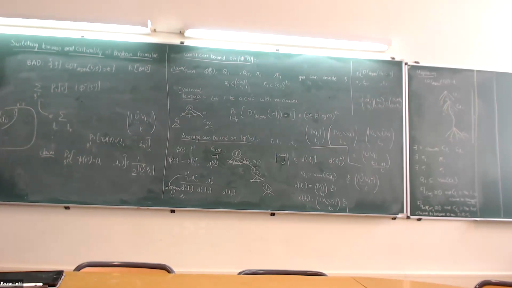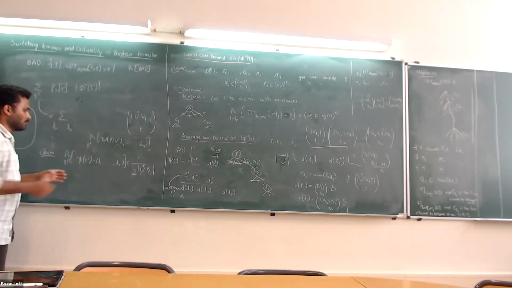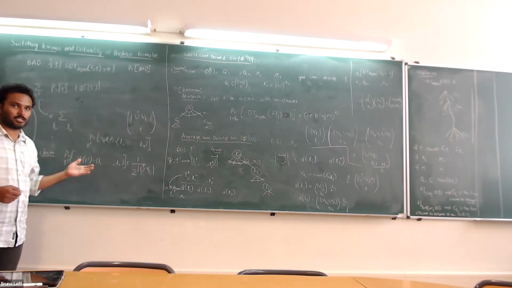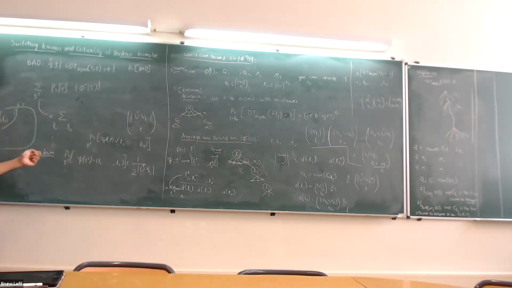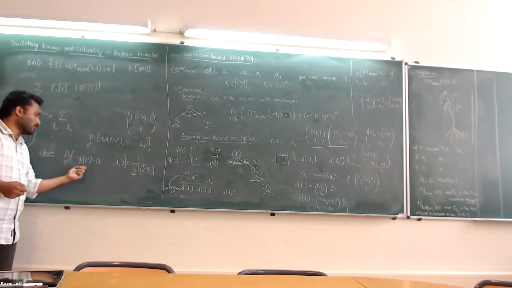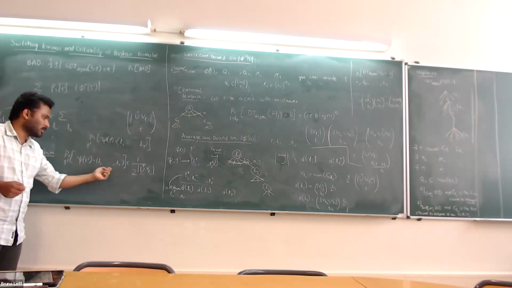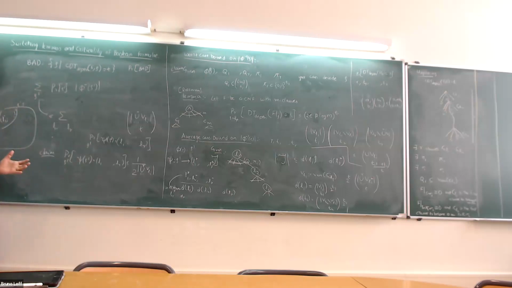But L1 to LR is for any L1 to LR. So for fixed L, what is the probability that psi of rho prime is this L1 to LR? Again, this is an upper bound. In order for psi of rho prime to be equal to L1 to LR, a lot of things have to happen.